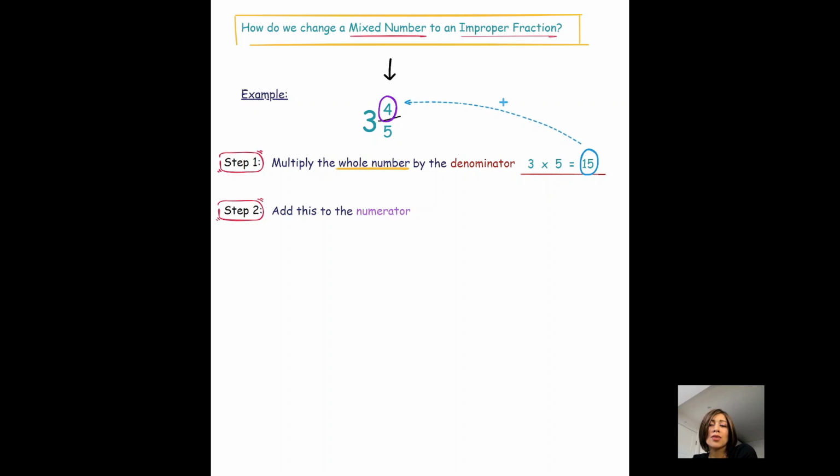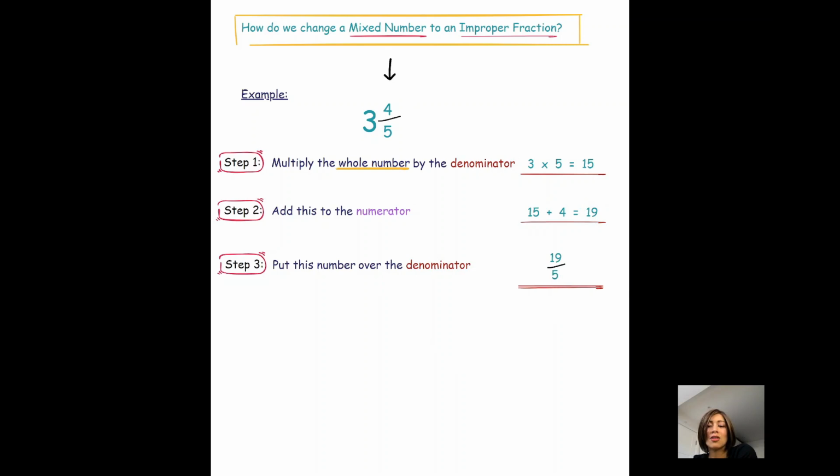So we have 15 plus 4, which is 19. Finally, for step 3, we put this number, the 19, over the denominator, which is 5. And that's our answer, 19 over 5, or 19/5.